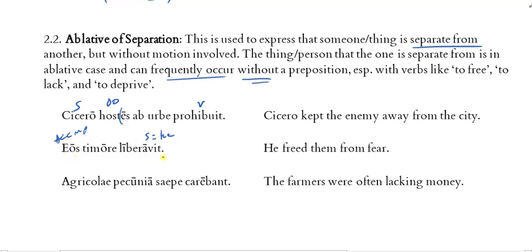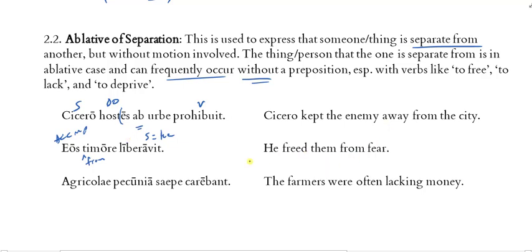So eos liberavit, he freed them. And then timore is an ablative noun. Notice there's no preposition used here with this one. We had a preposition before, but we could use the ablative without a preposition. He freed them from fear. You have to add the word from here with your ablative noun, with this sort of ablative of separation.